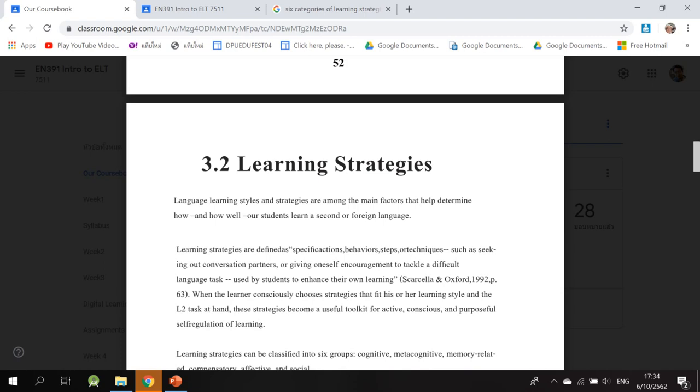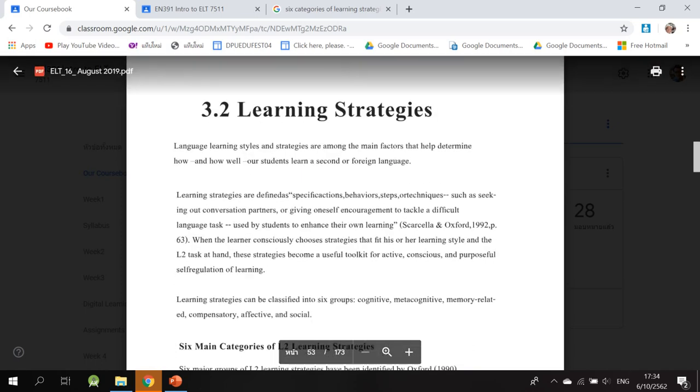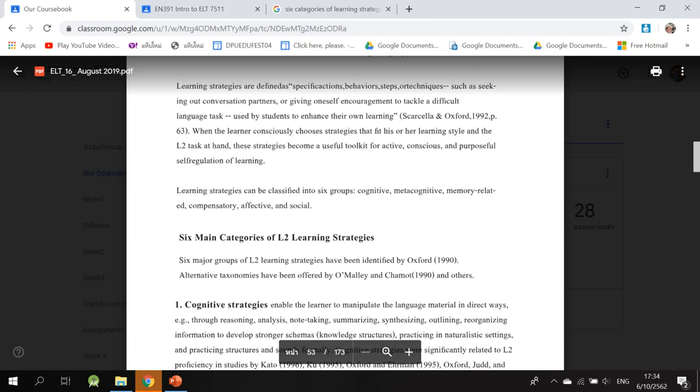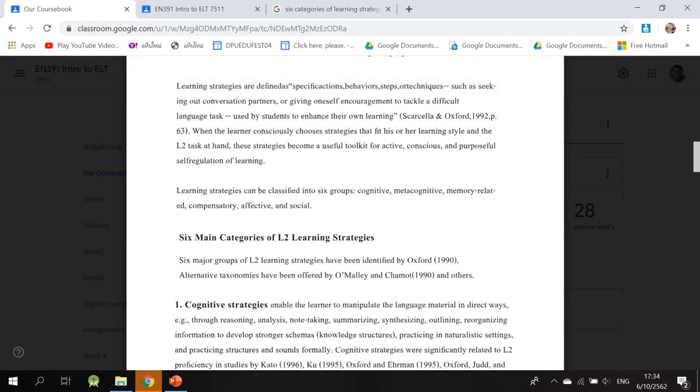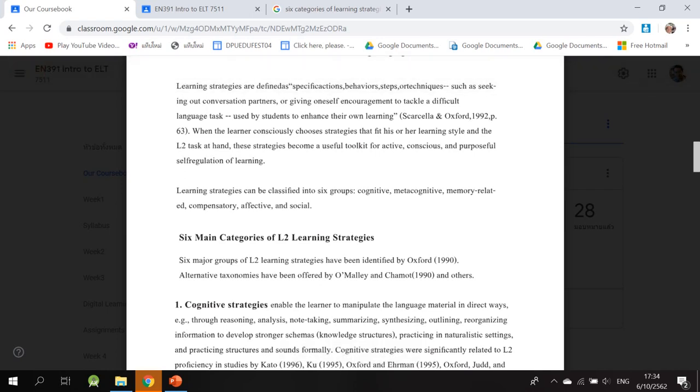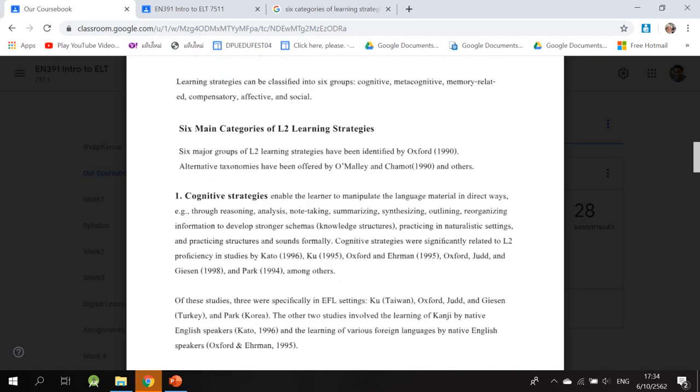Okay. So I'll talk about the learning strategies according to Rebecca Oxford. Learning strategy can be classified into 6 groups: the cognitive, metacognitive, memory related, compensatory, affective, and social.